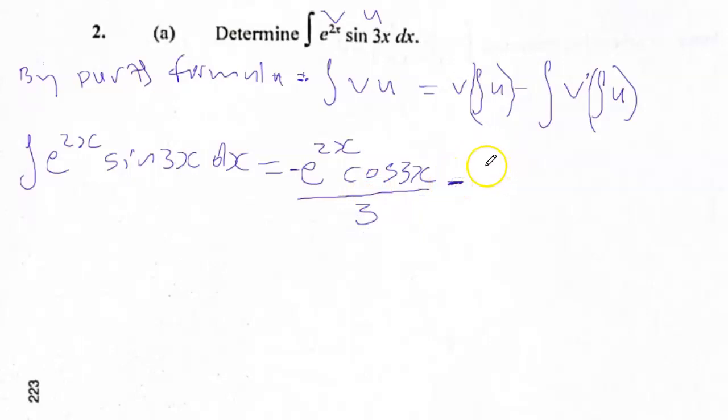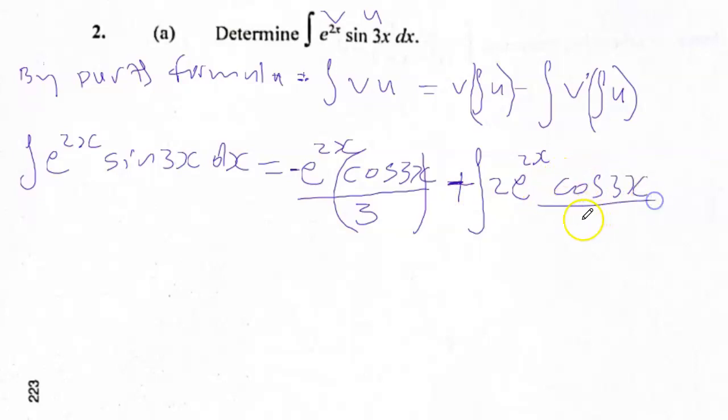Minus the integral, this time I'll put v prime. My v is e to the 2x, so my v prime is v differentiated, that's 2e to the 2x. And I restate my integral of u, which was minus cos 3x over 3. But the double negative turns this to positive. So this becomes cos 3x over 3 dx.